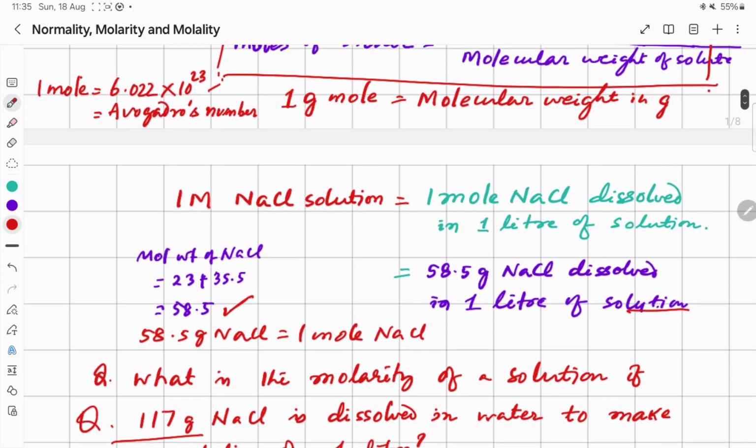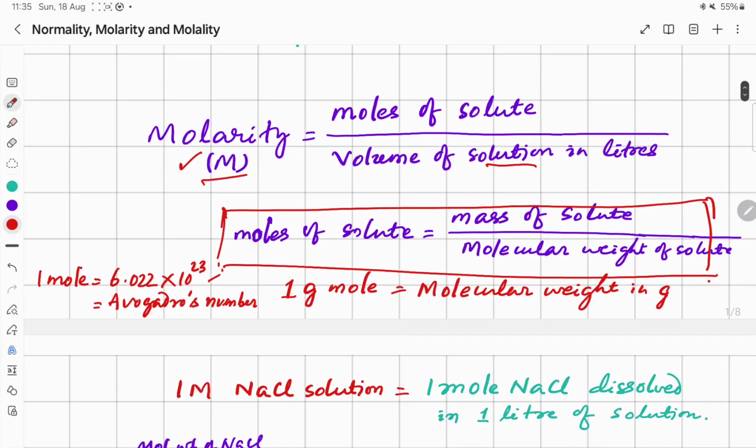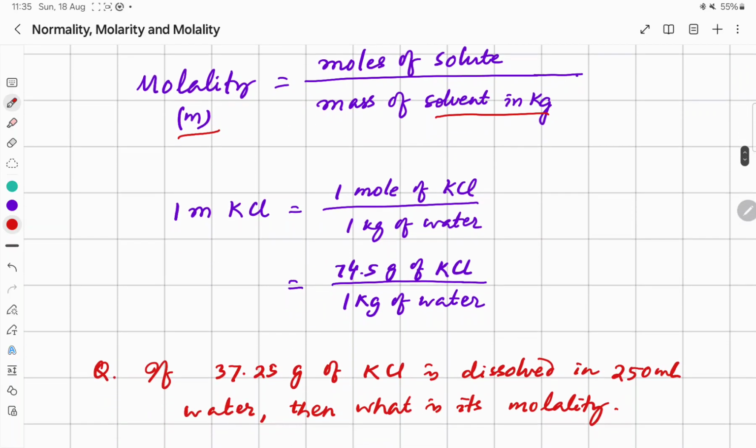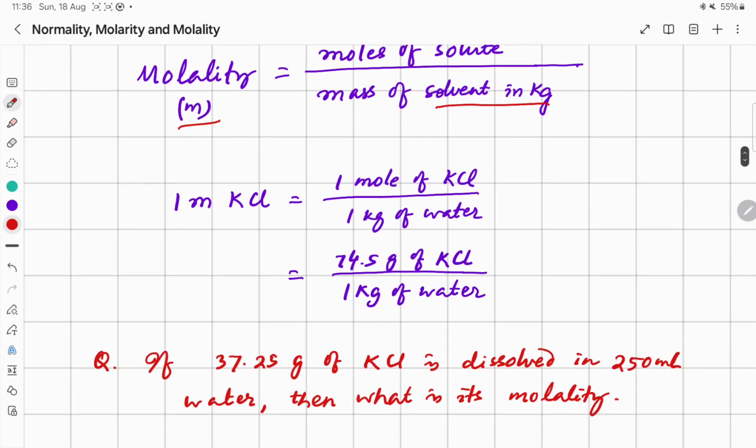Molarity is capital M and molality is small m, and molality is moles of solute per mass of solvent in kilogram.